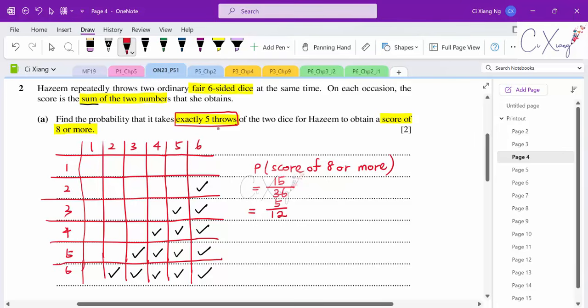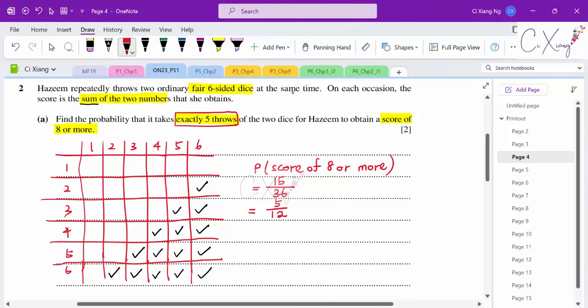That means exactly 5 throws, which means that the first throw is not a score of 8 or more. Then the second throw also not. Third throw also not. Fourth throw also not. But on the fifth throw, she finally gets a score of 8 or more.